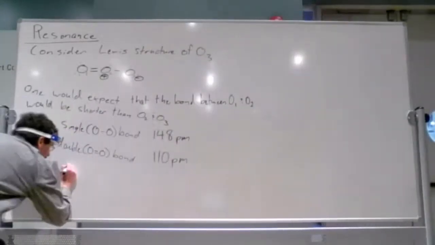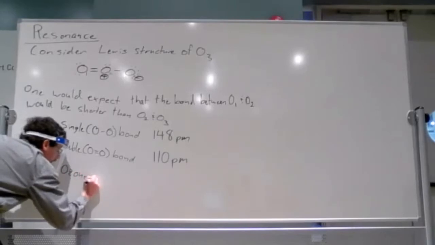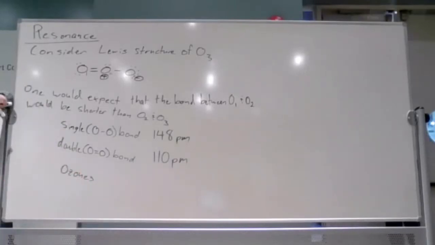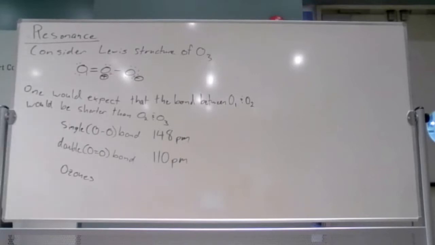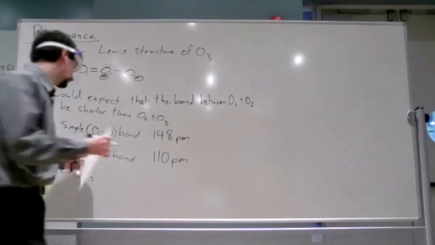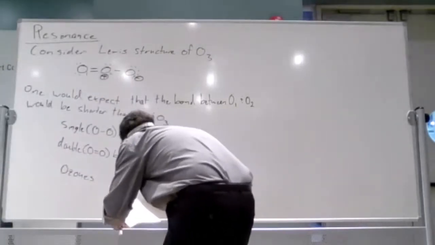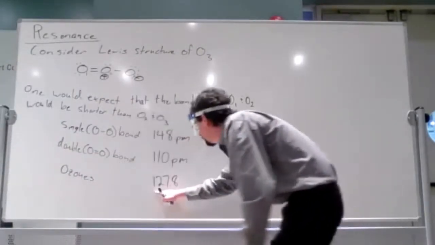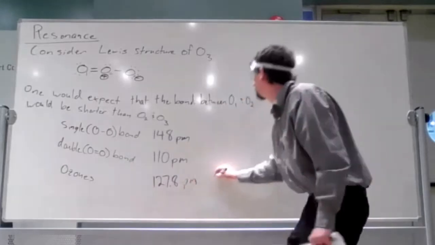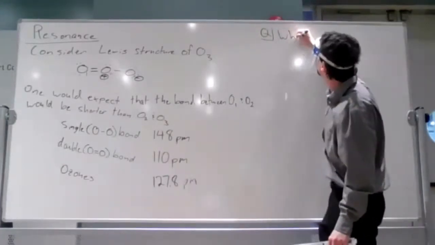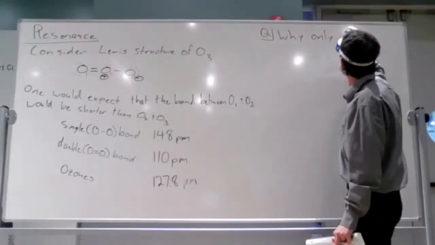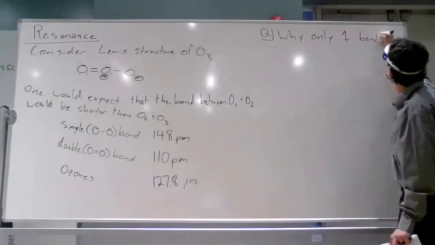Now, if we look at ozone's bonds, we said we would expect two different bond lengths, right? When you measure it, like through X-ray crystallography or other methods, what you find is you get one bond length. And that bond length is 127.8 picometers. So we're going to ask the question, why only one bond length?